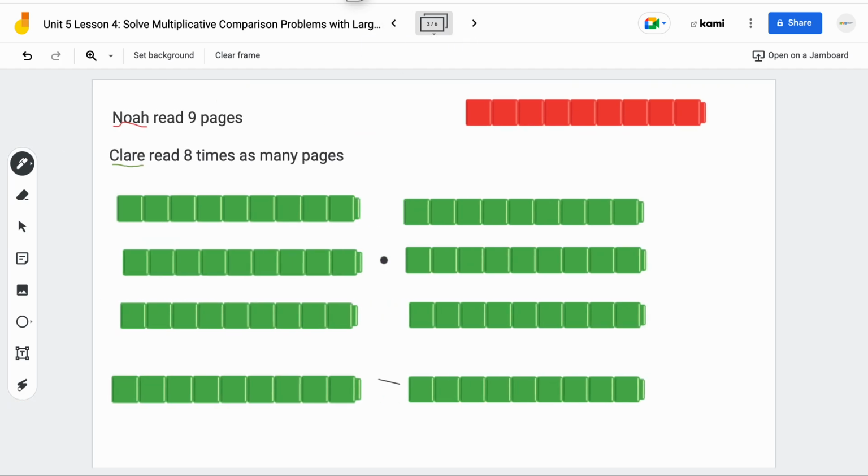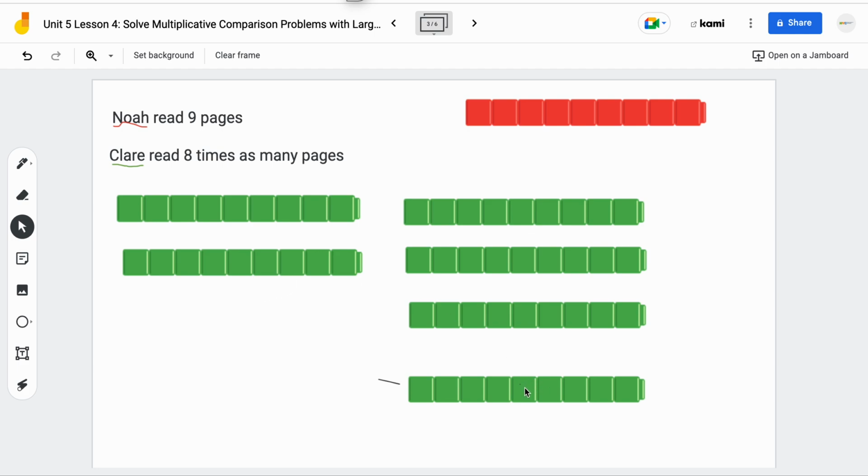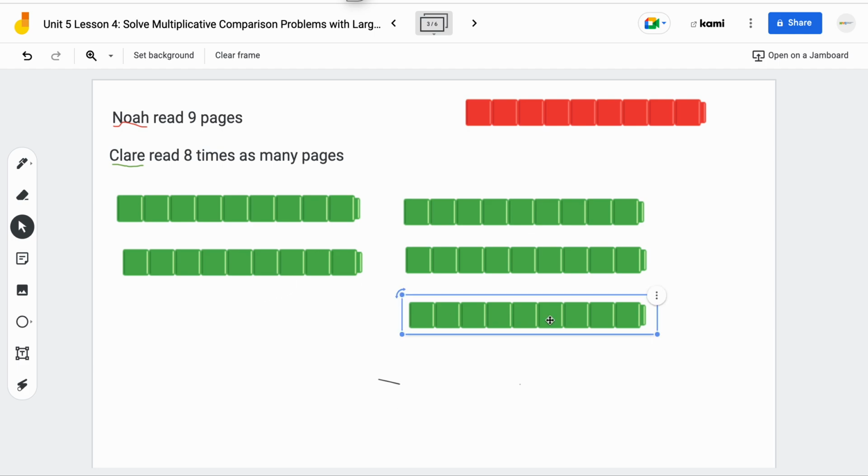And okay, I'm going to show you. So I'm just going to erase some of these. Okay, I'm erasing these.